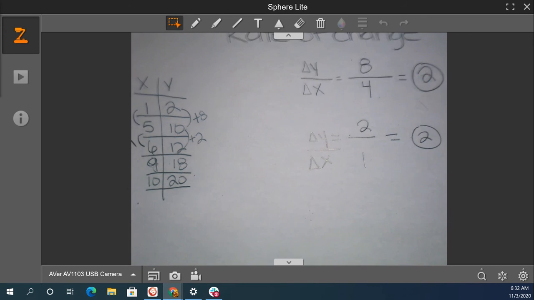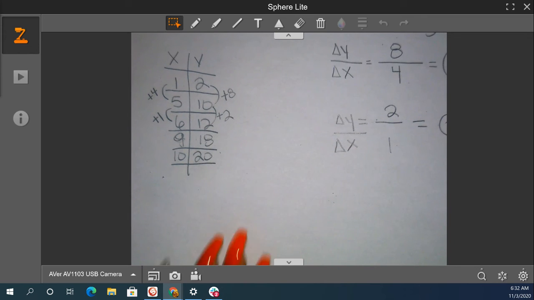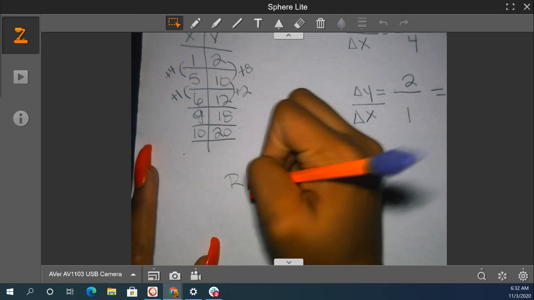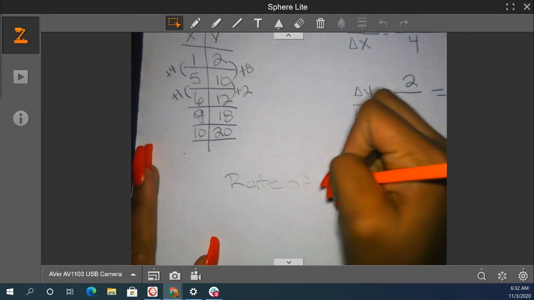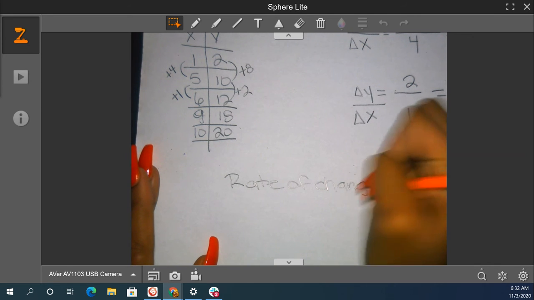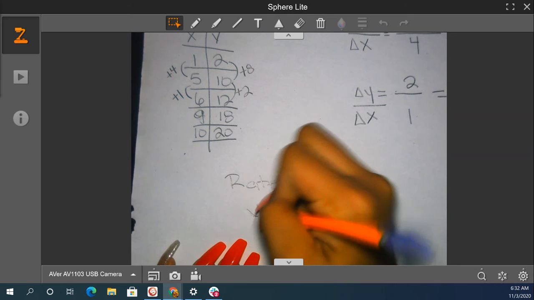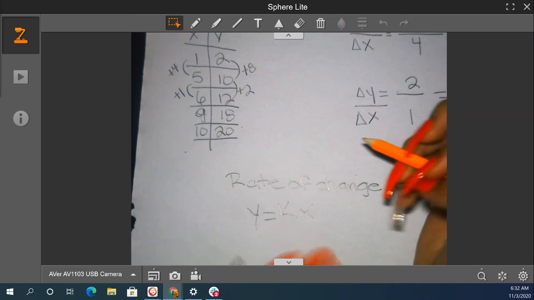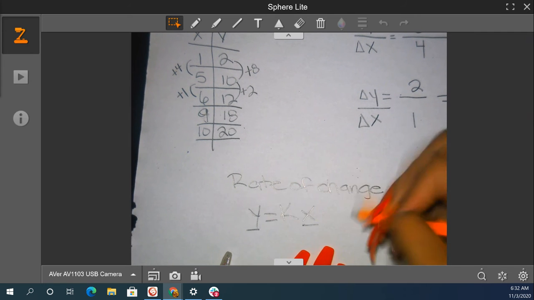All right? So remember that our equation that represents the rate of change is y equals kx. And this is only when x and y are 0.